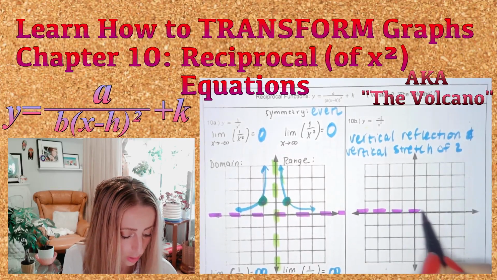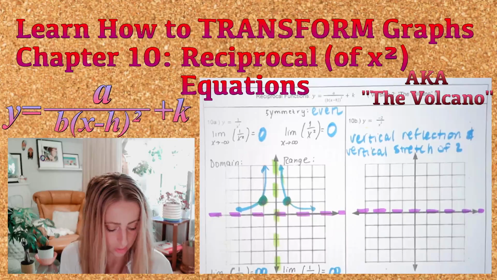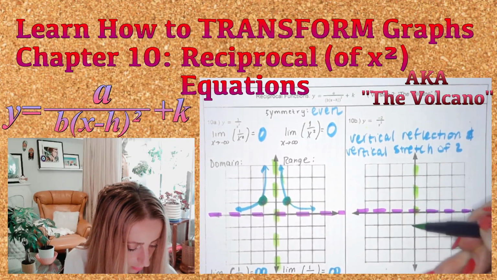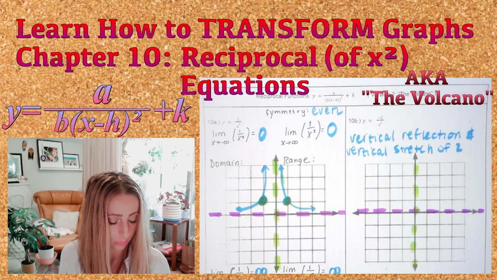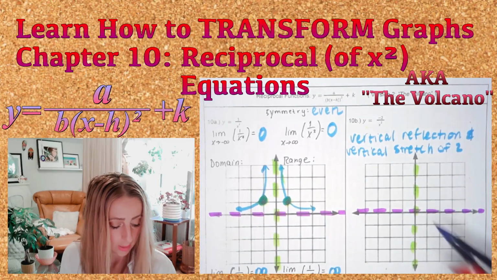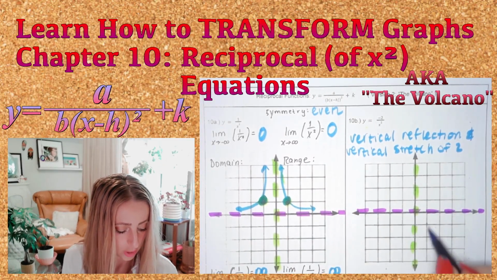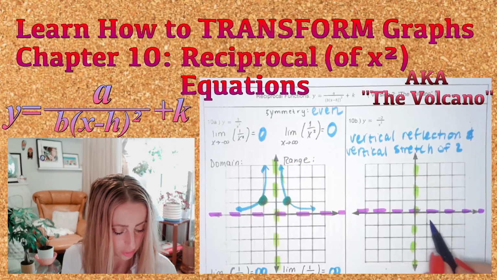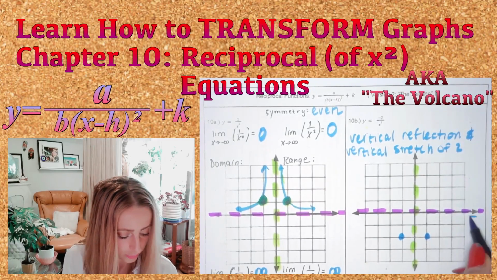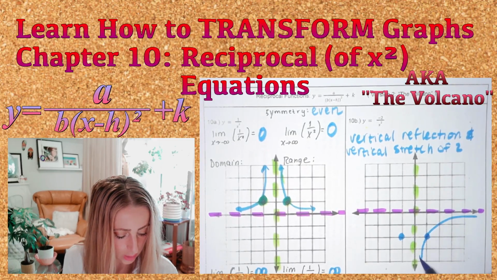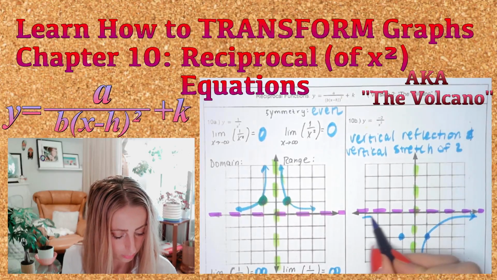No left, right, up, or down transformations. Vertical asymptote right here. Now I'm worried about these 2 points. They reflect and they stretch. Instead of being 1 unit away, they are 2 units away, and they reflected. So now we have a bit of an upside down volcano.